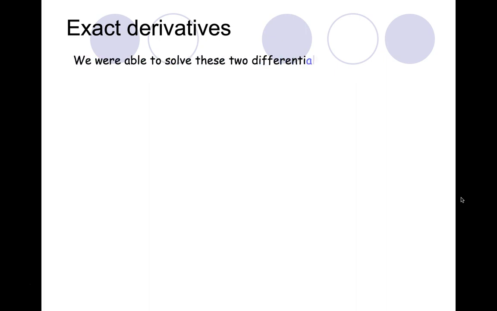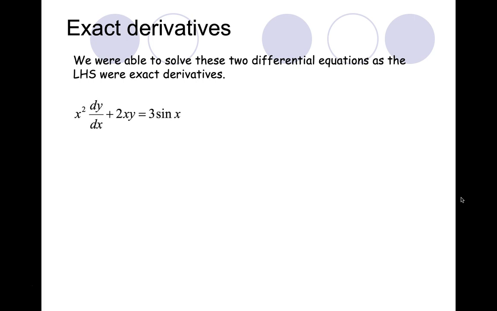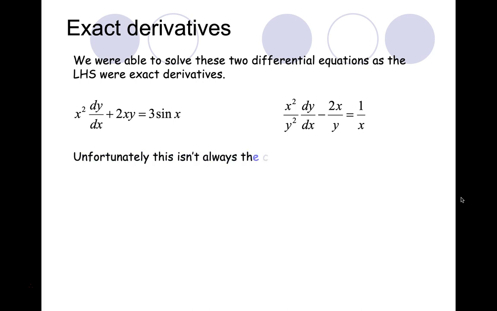Now, we are able to solve these differential equations because the left-hand side was an exact derivative. These two that we have just solved, the left-hand sides of these two equations are exact derivatives. But in most cases, when you are solving differential equations, you will not encounter exact derivatives.